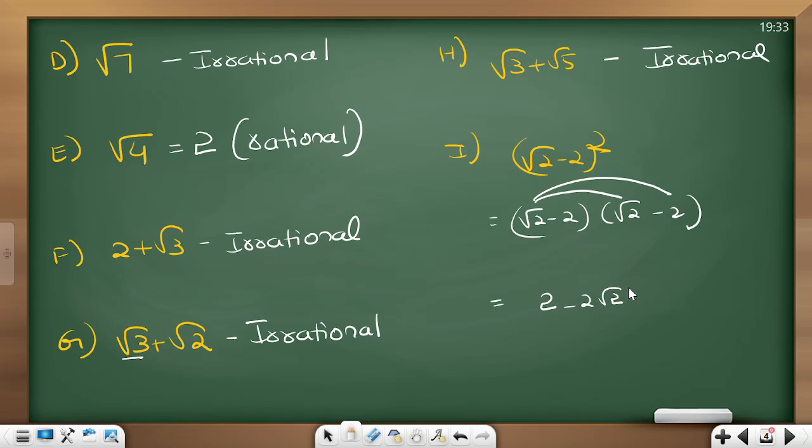And minus 2 into root 2 is minus 2 root 2. Minus 2 into minus 2 is plus 4. So answer is going to be 2 plus 4, 6. Minus 2 apples, minus 2 apples, that is minus 4 apples, that is minus 4 root 2. This is again irrational. I think this should be very much clear for you, Akshita.